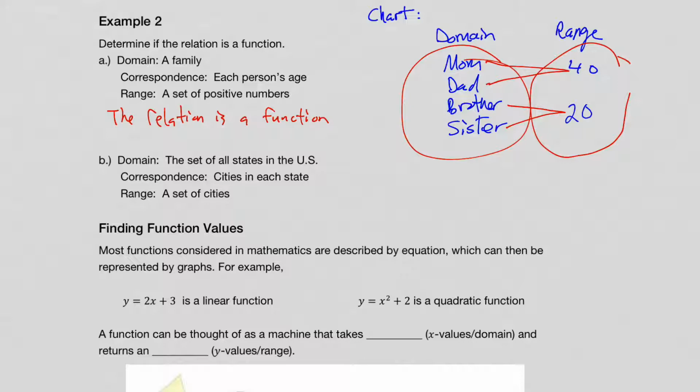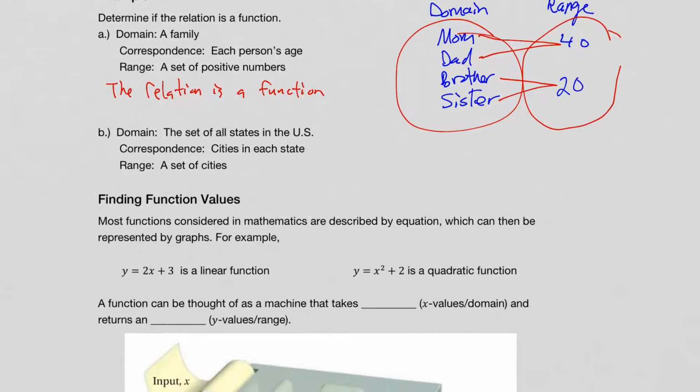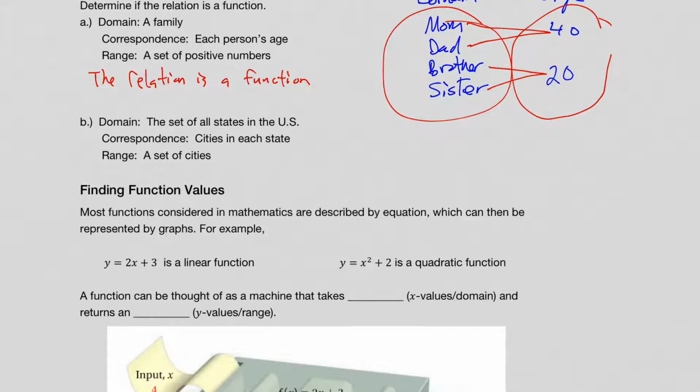Now, let's take a look at the set of all states in the United States. Correspondence will be cities in each state. Okay, so this is going to be quick because we can immediately find some problems with this. So D for domain, R for range.